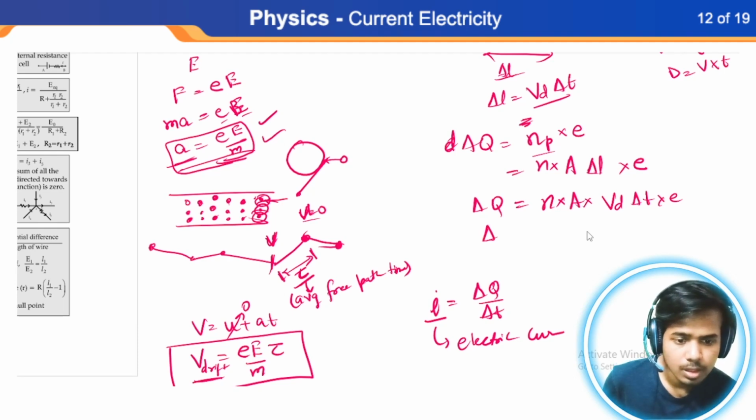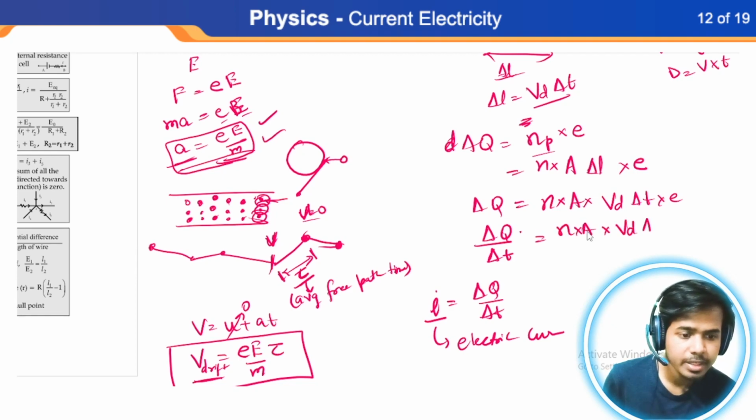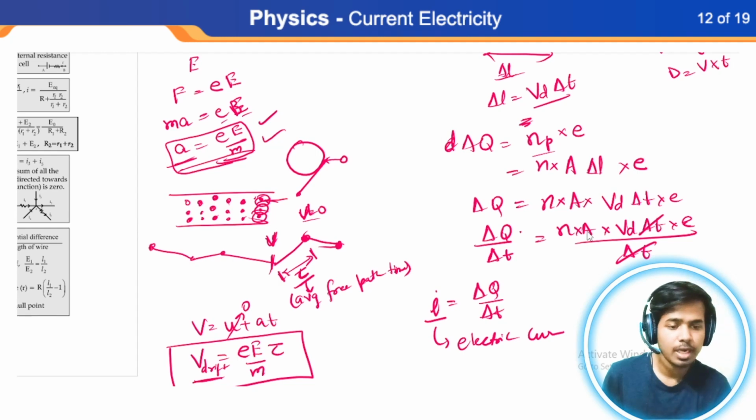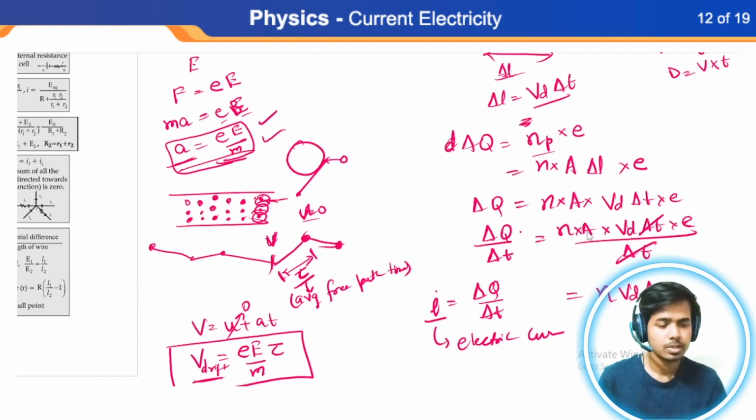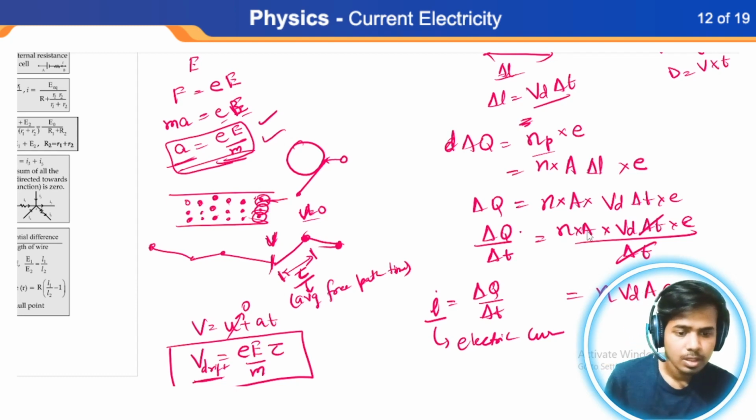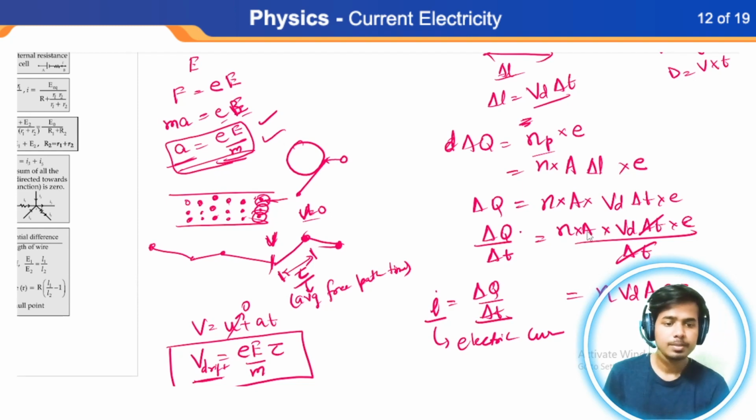So delta Q by delta T, if I do that, I'll have to divide on the other side as well. n A Vd delta T into e divided by delta T. Now delta T gets cancelled out and we are left with n Vd A e, right? And this should be equal to delta Q by delta T, which is the current.